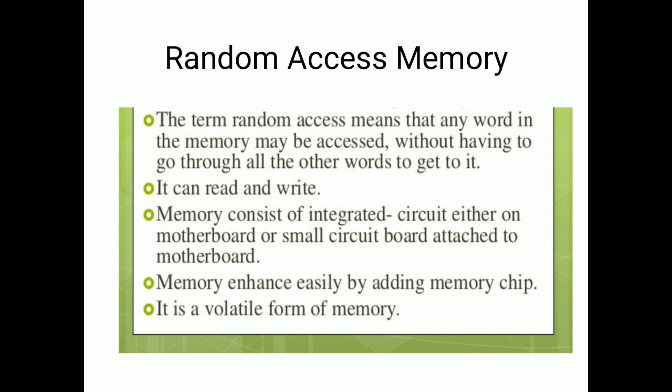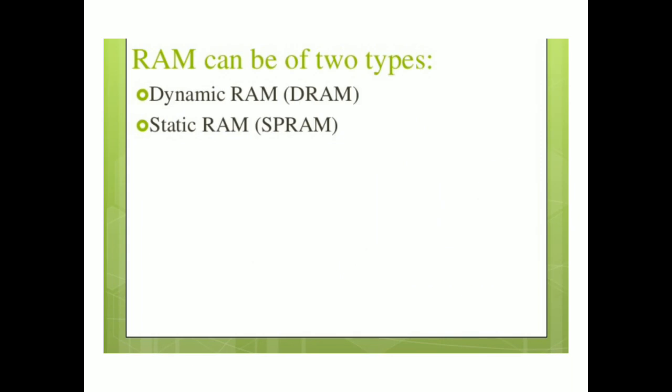It is used as read or write memory of a computer. It is volatile memory, that is, its contents are lost when power supply is switched off or interrupted. There are two types of RAM: static RAM and dynamic RAM.